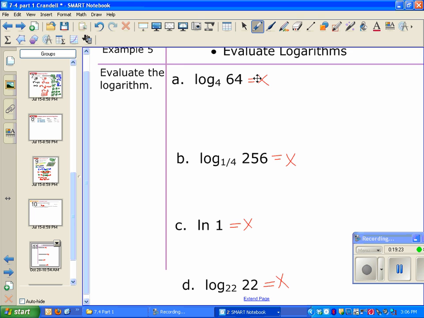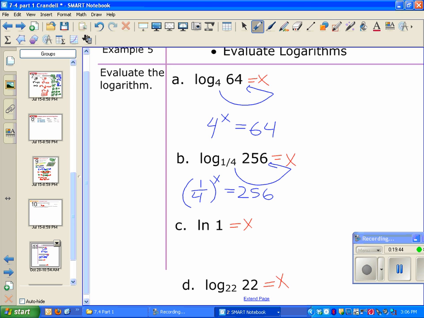Right, so what would this one be in exponential form? 4 to the x power equals 64. Good job. And we've done that one, but we can do it again. This one, 1/4 to the x power is equal to 256. So you're probably thinking something negative. And then this one is actually log base e.